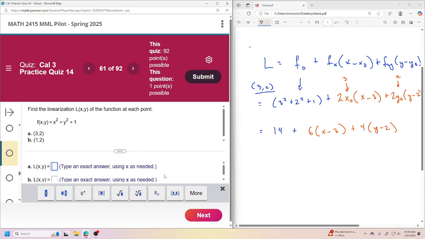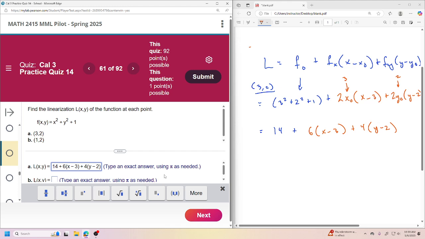Use pi as needed. What do you think? I guess they want us to go to polar form. We have an x squared plus y squared plus dr. That's kind of weird, isn't it?